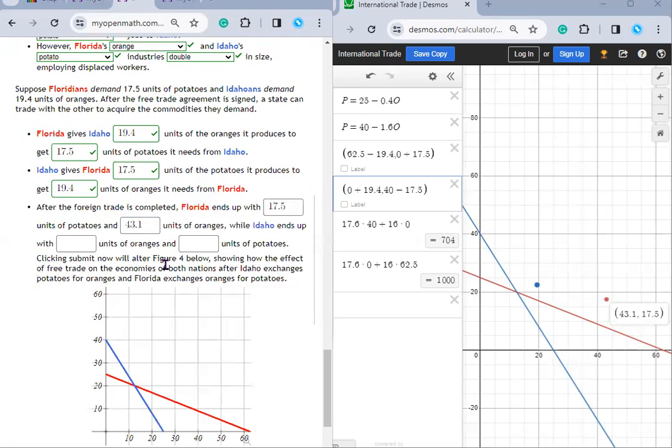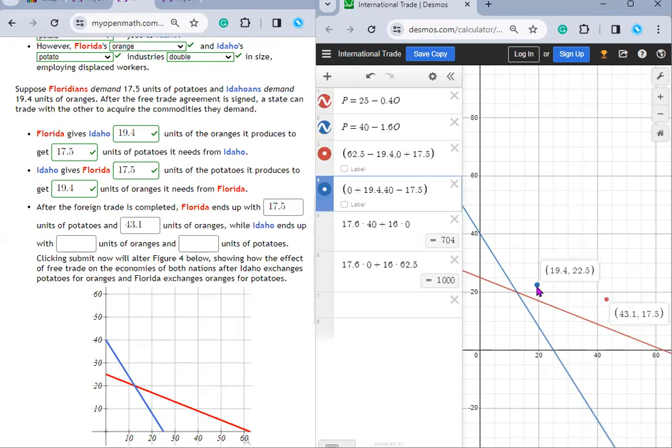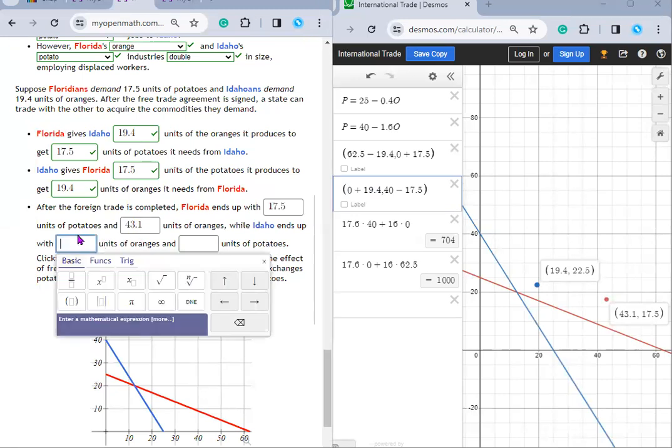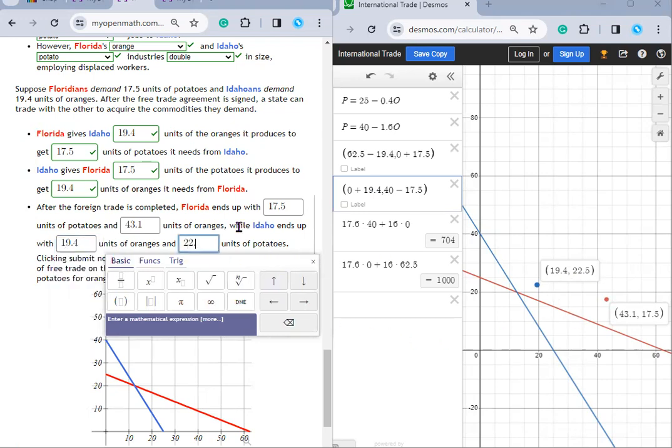The same thing happens in Idaho. Idaho's GDP is now beyond its production possibility frontier. Idaho is consuming 19.4 oranges and 22.5 potatoes.